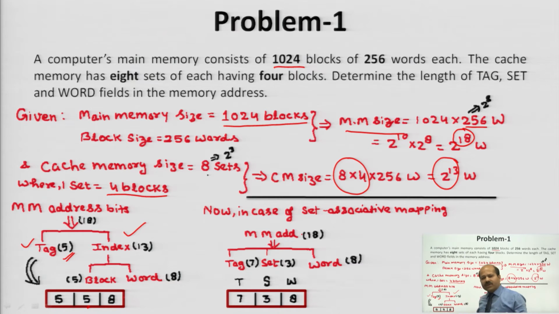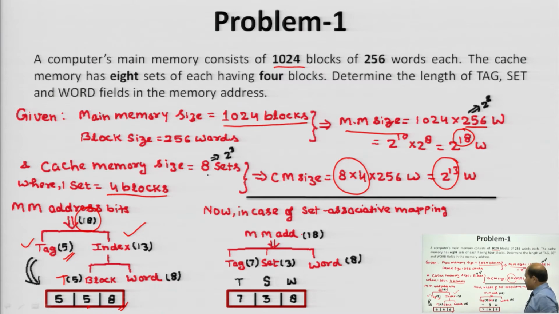The number of bits to map the block is 5, and for words in each block there are 2 to the power 8, or 256 words, so it comes as 8. Now, in case of direct mapping, the tag equals 5, block equals 5 and word equals 8. So, the total becomes 18, because the total number of bits for main memory is 18.